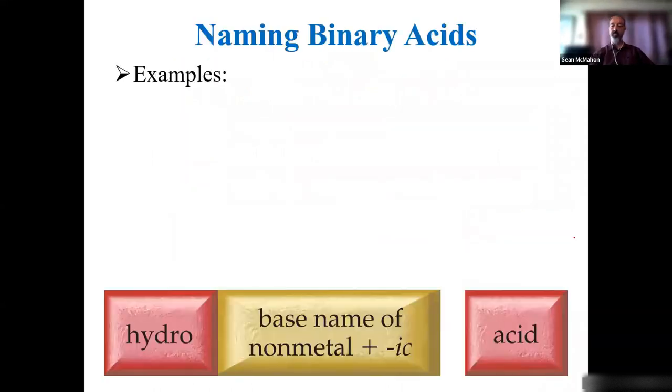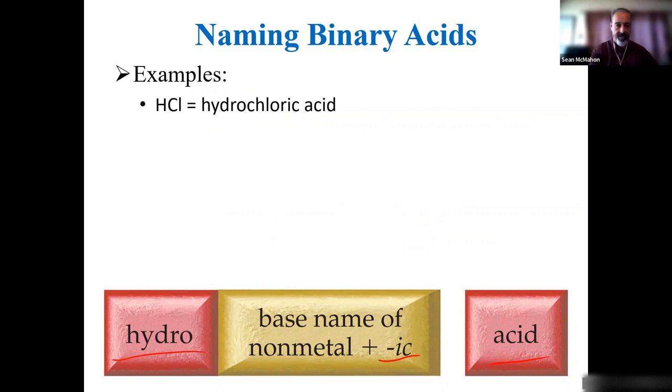So if it's a binary acid, how do you know? Hydrogen and a non-metal. You throw it in water, it's going to be an acid. You're going to put a hydro prefix. You're going to take the base of the non-metal, cut off the ending, add the ic acid suffix. So hydro prefix, chlorine, cut off the ending, add the ic suffix, and then acid. Hydrobromic acid.